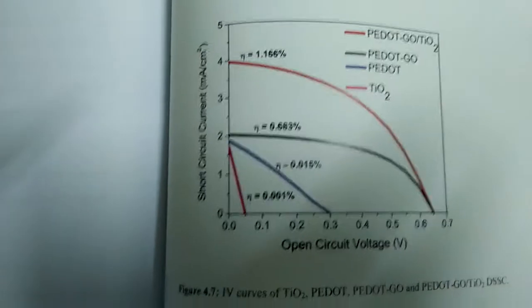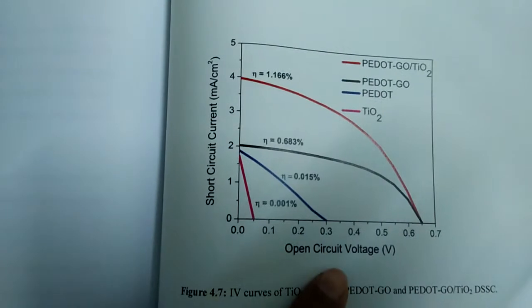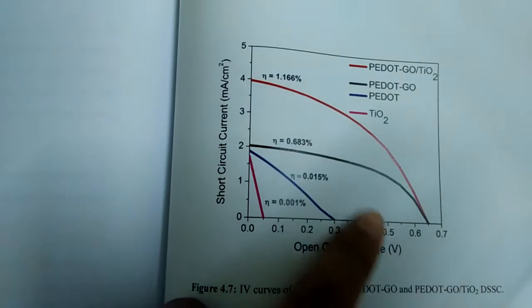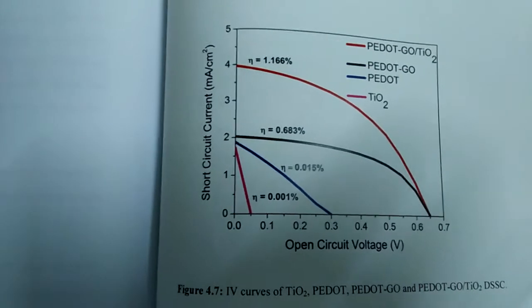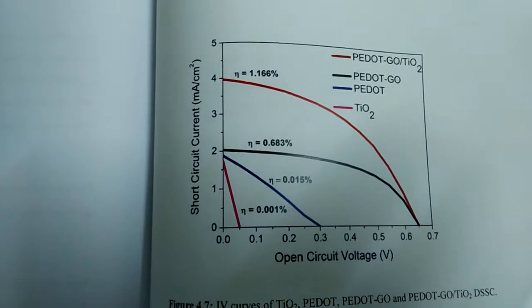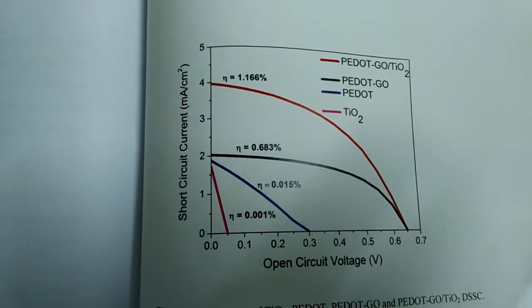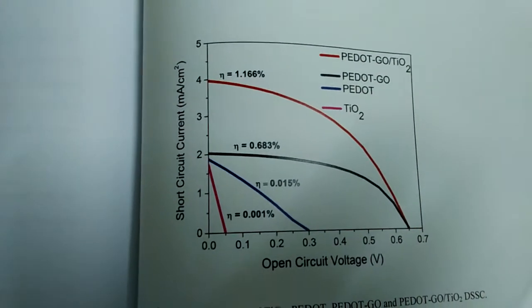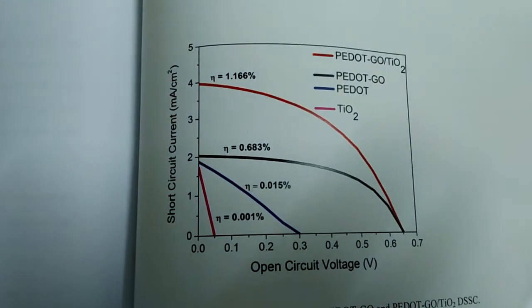You can obtain the short circuit current density, you can obtain the open circuit voltage, and you can know the fill factor. So when you know everything, the efficiency is very simple. The formula is very simple: efficiency equals short circuit current density times open circuit voltage times fill factor, divided by power input.